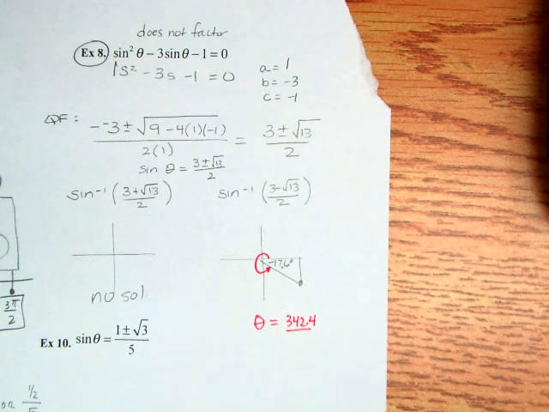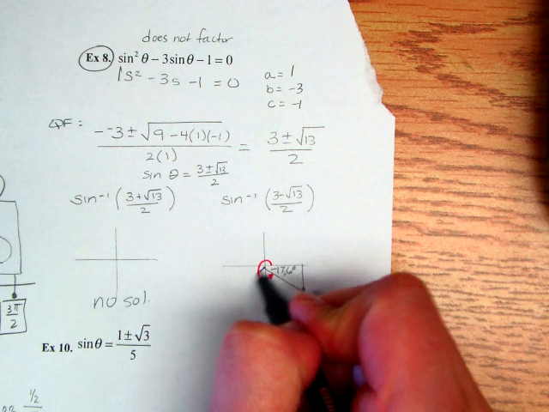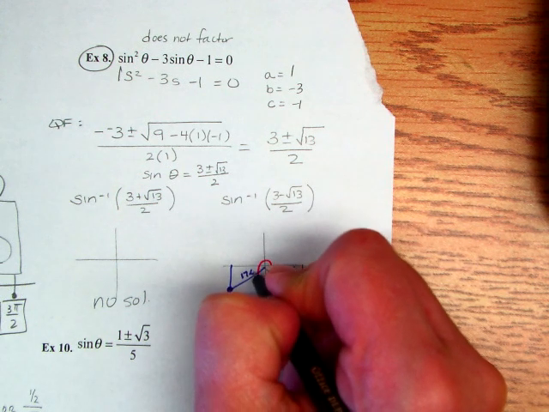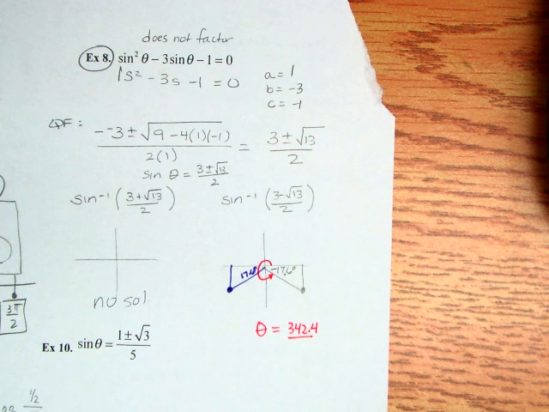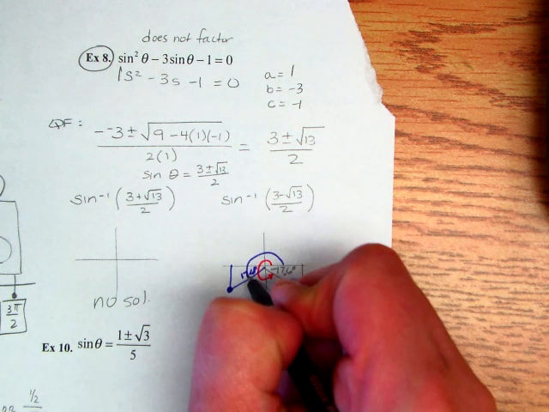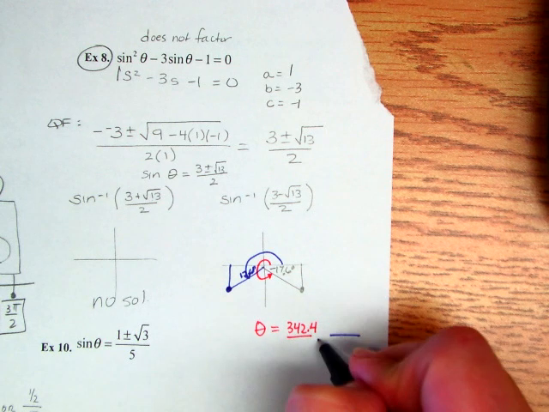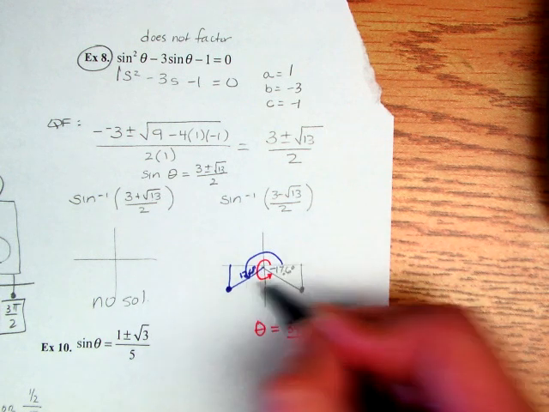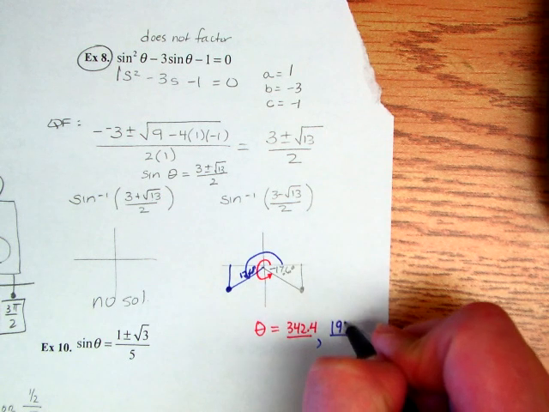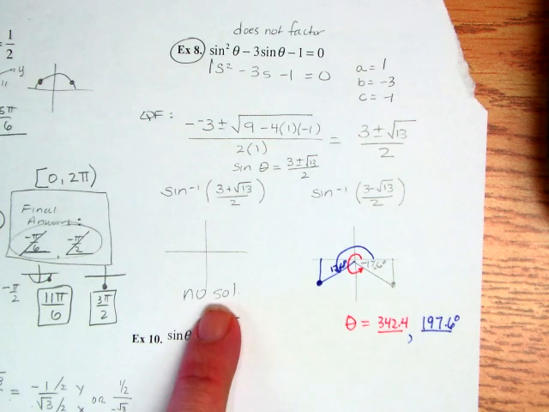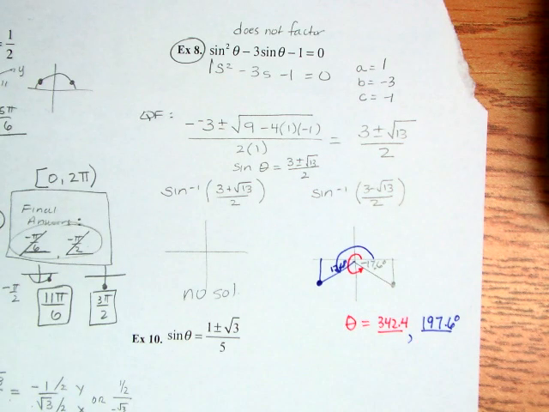Well, it would exist on this side. This is going to be 17.6 degrees. The other angle is going to be this value here. So the other side of this is going to be 180 plus 17.6, or 197.6 degrees. Because this had no solution, and this has 2 solutions, my final answer is going to be these 2.